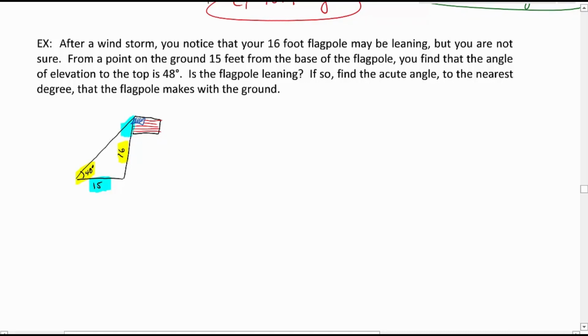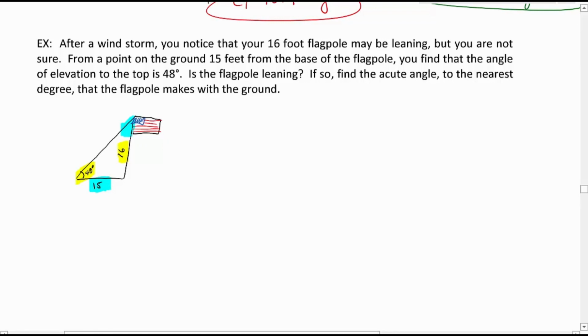Now, why is that helpful in determining whether it's leaning? For our angle at the bottom to be 90 degrees, the other two, the yellow and the blue one, have to add up to 90 degrees. So if we find this angle to be anything other than complementary to 48 degrees, we're leaning.